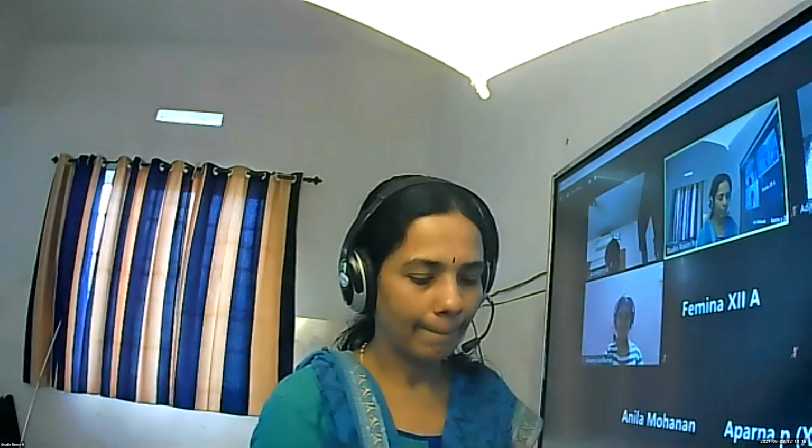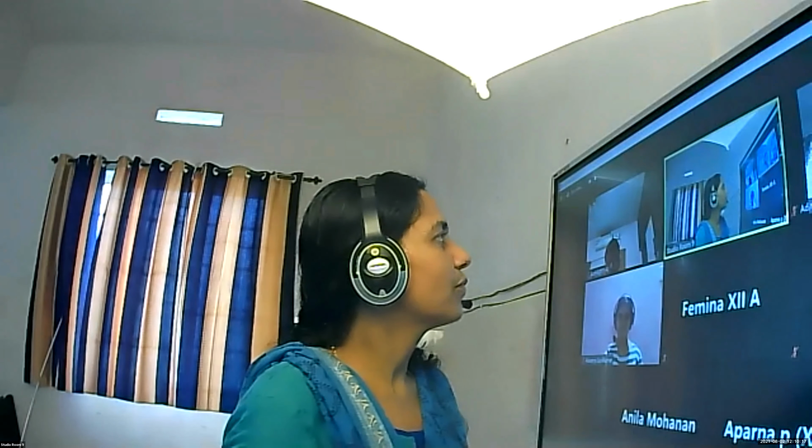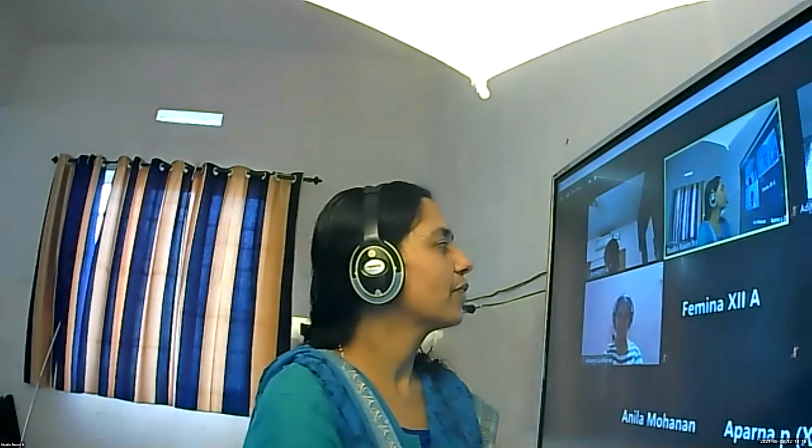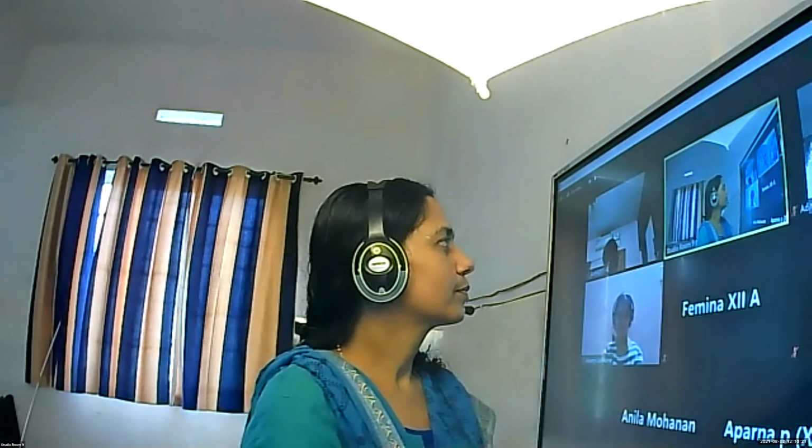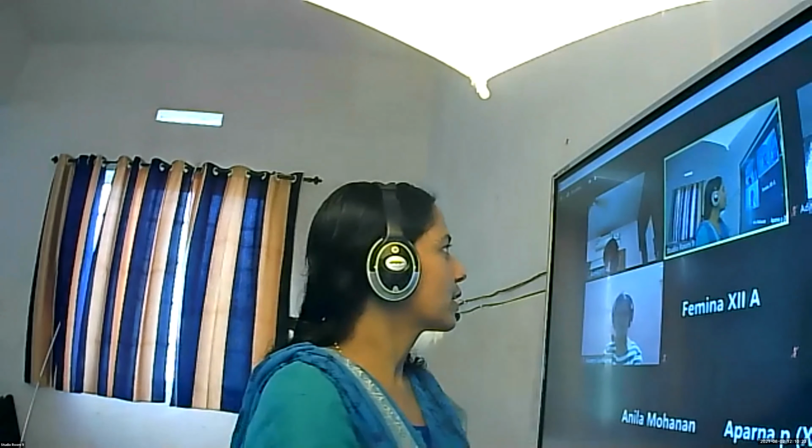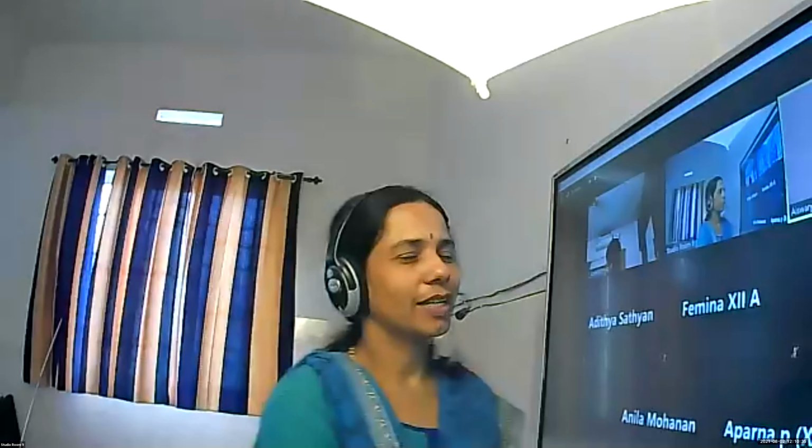Then, how to find the cofactor? Cofactor of an element is got by adding the row and column numbers and finding if it is odd or even, then assigning the sign. Okay, very good.